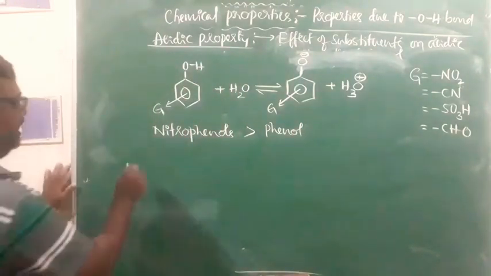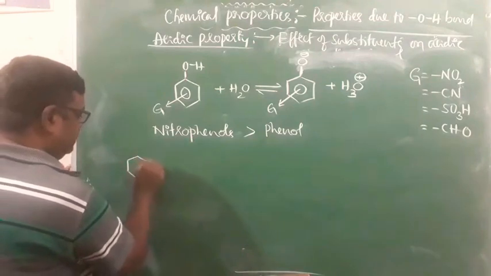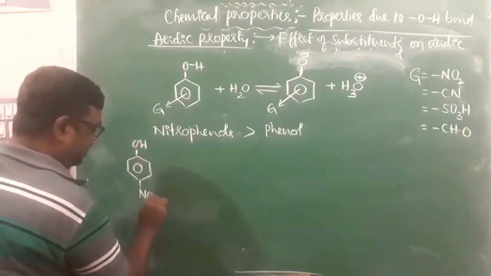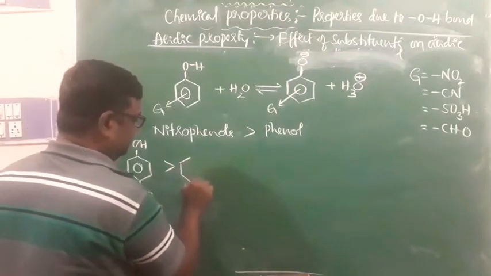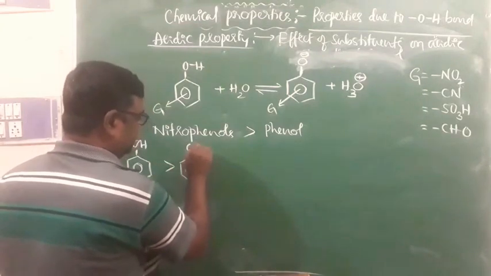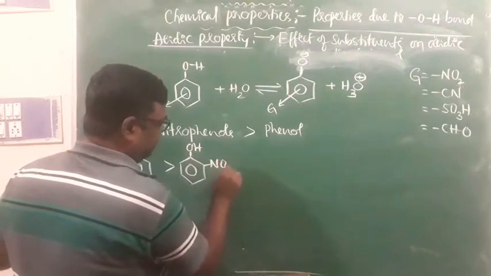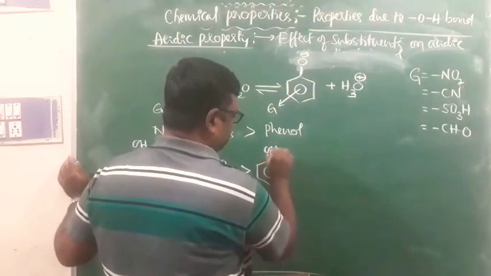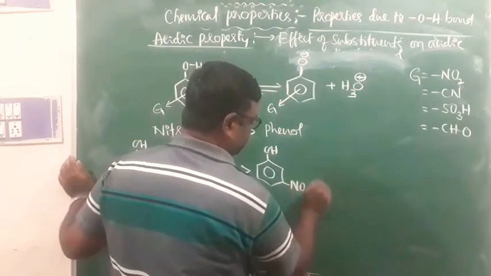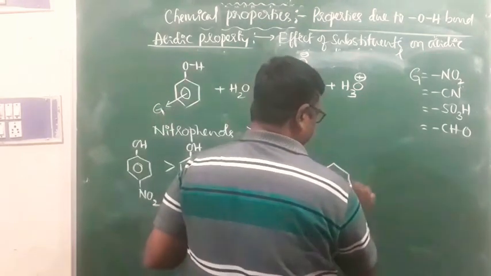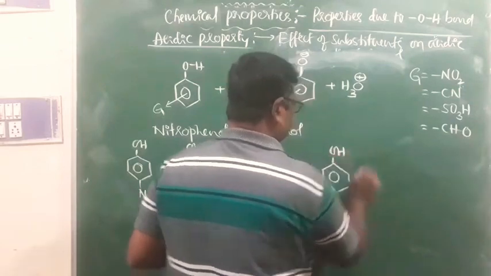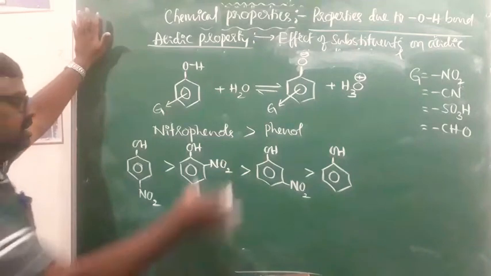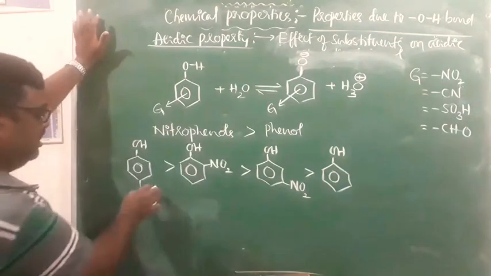Para-nitrophenol is more acidic than ortho-nitrophenol, which is more acidic than meta-nitrophenol, and all are more acidic than phenol, because nitrophenols have an electron withdrawing group.